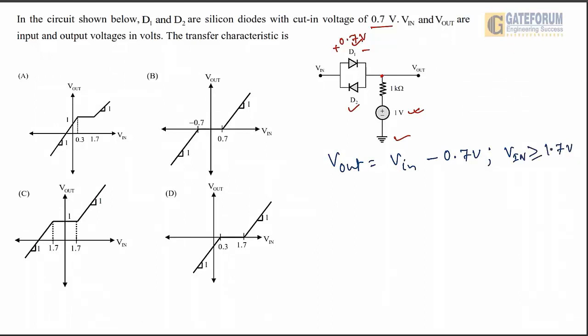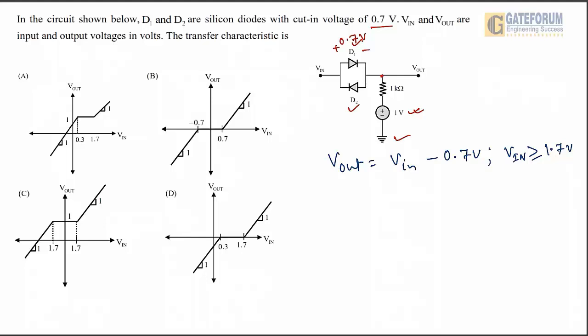If the input is greater than or equal to 1.7 volt, then only D1 diode will start to conduct, and this will produce the output voltage V out equal to V in minus 0.7. It means if the input is lesser than 1.7, this D1 diode is not conducting.